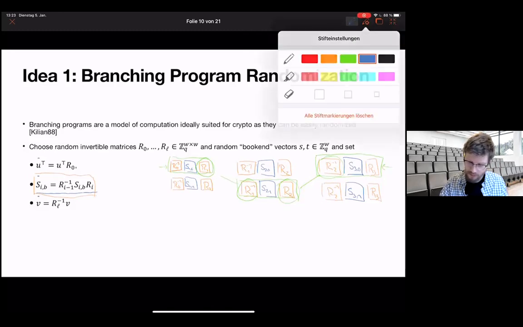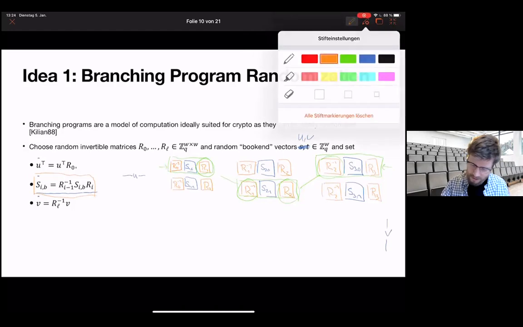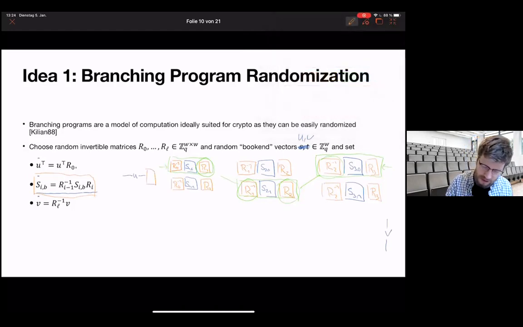By the way, the bookend vectors should not be S and T, but U and V, U comma V. So here I'm having my U and there I'm having my V, for lack of space. This U is just multiplied with R0 and this V with R3 inverse here.